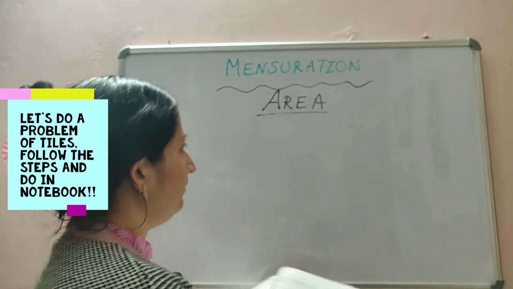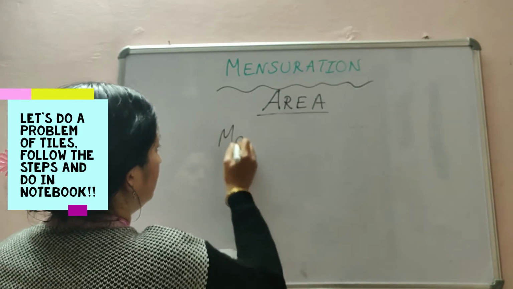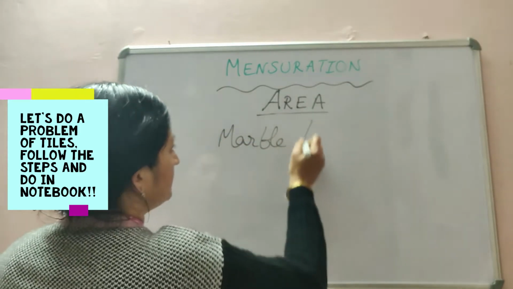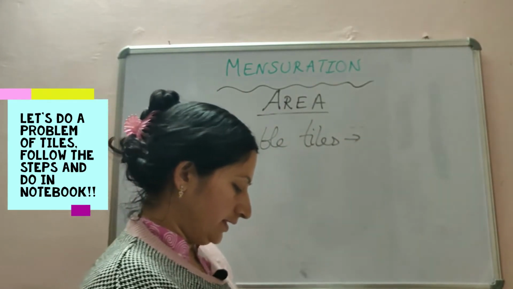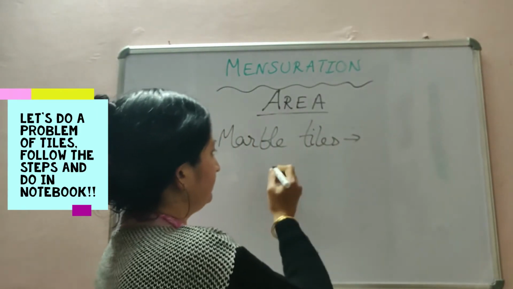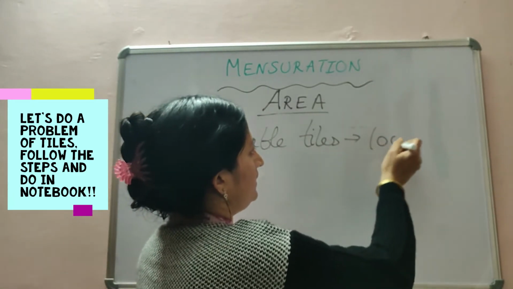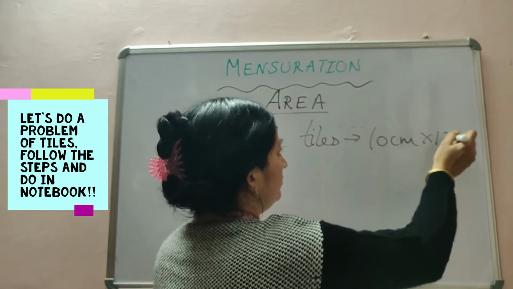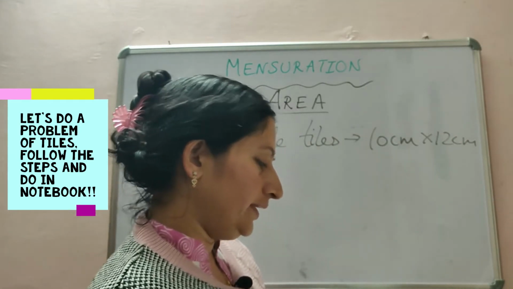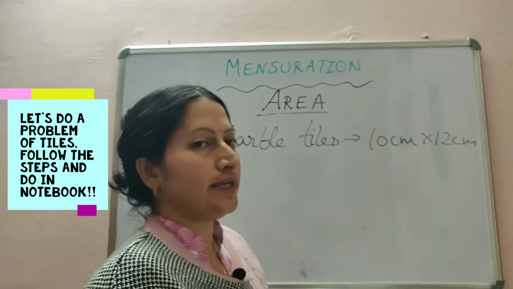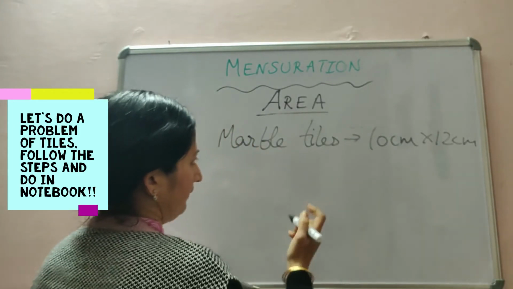So marble tiles, length and breadth is written as 10 centimeter into 12 centimeter. And how many tiles are required to cover a wall of size 3 meter by 4 meter is given.